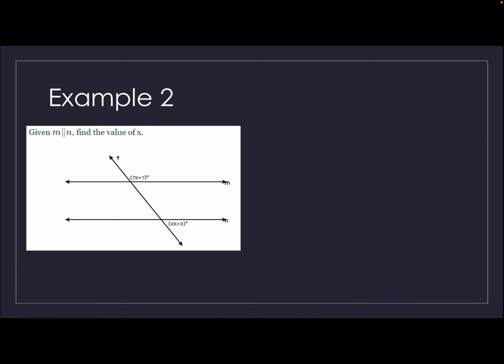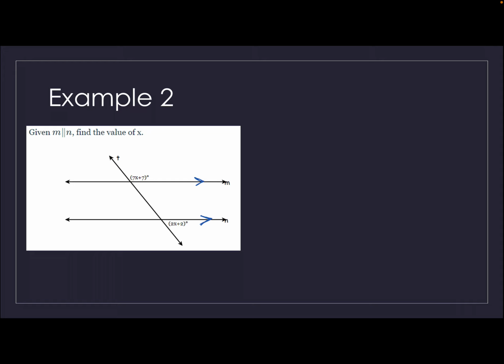For the second example, we are still given that M is parallel to N, and we need to find the value of X. We're going to mark our lines as parallel. And then we have, in this case, same side exterior angles or consecutive exterior angles, however you want to think about that.